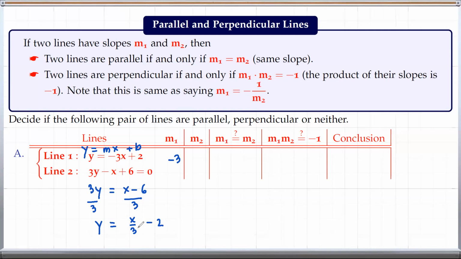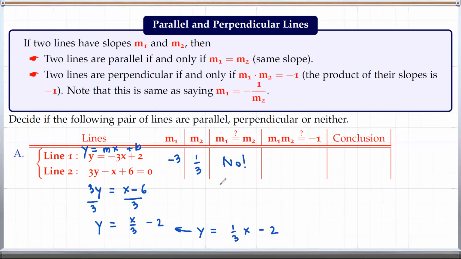So from here, we can write this further as y equals 1/3 x minus 2. So M2 is 1/3. So the slope of the second line is 1/3. The first question we ask is if M1 is equal to M2. Obviously not. -3 is not equal to 1/3.